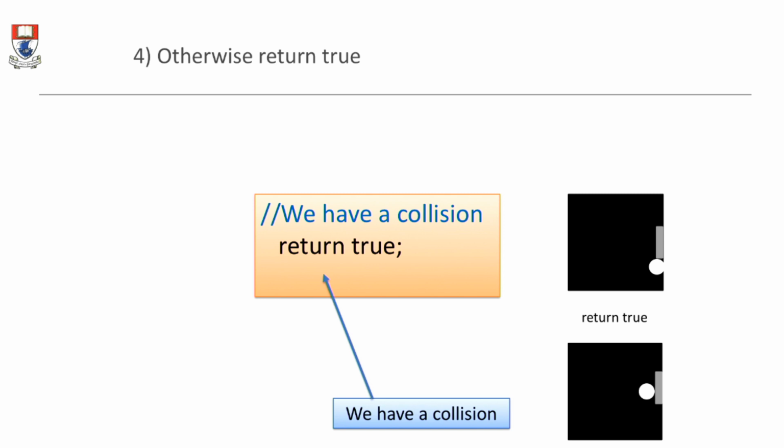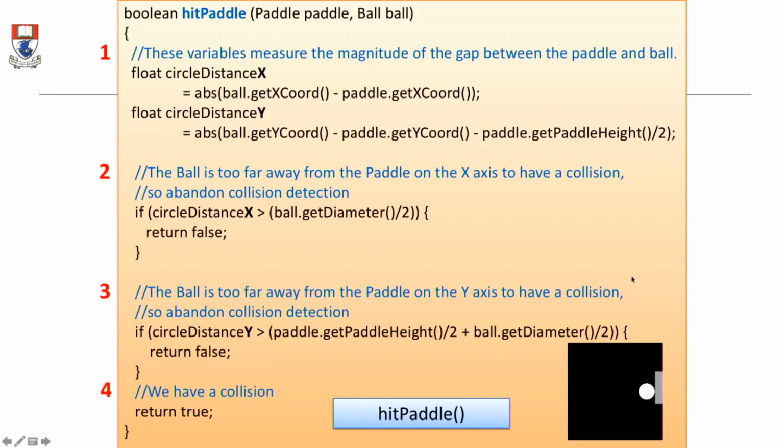And I've shown pictures to represent what might be happening. So here we have the x coordinates are close enough, and here we have the y coordinates are close enough. So when we put those 4 cases, we had to, again, remember, measure the distances, get the circle distance x and y, then check if the circle distance x is the right size, check the circle distance y, otherwise we have a collision.